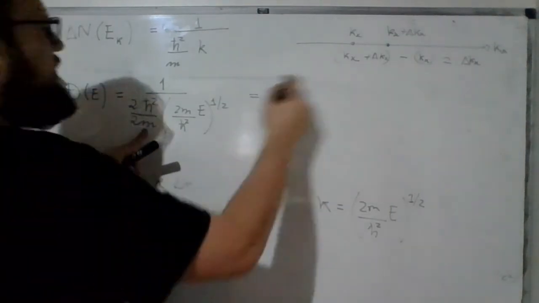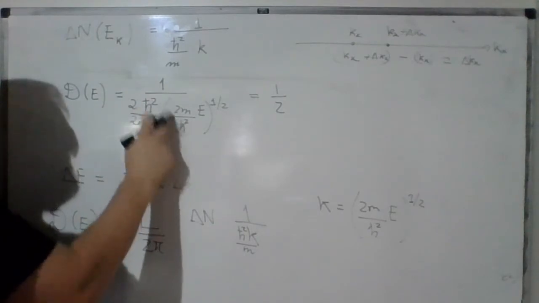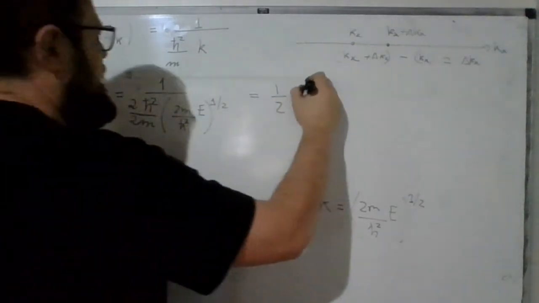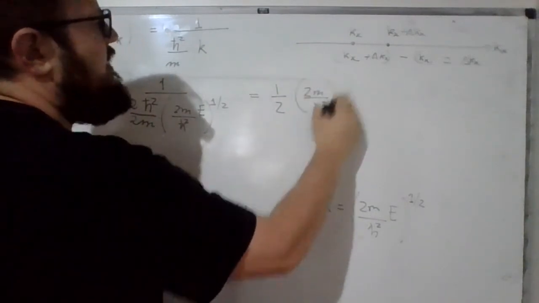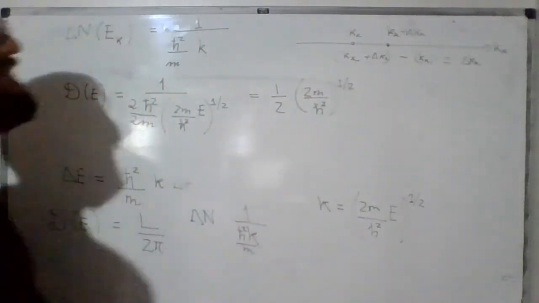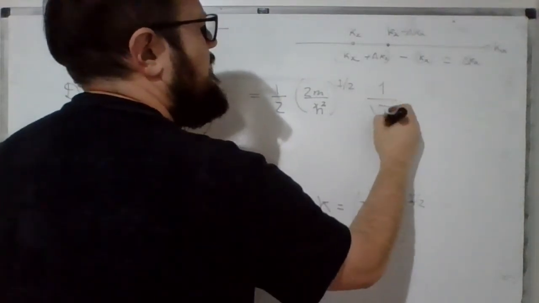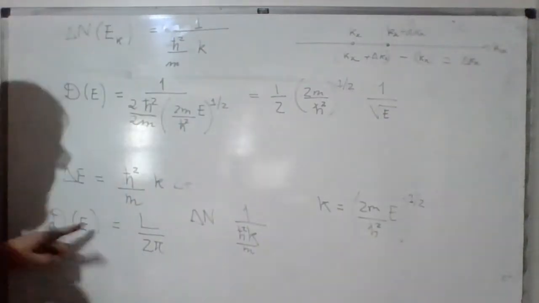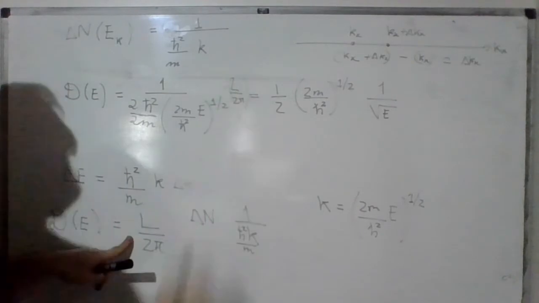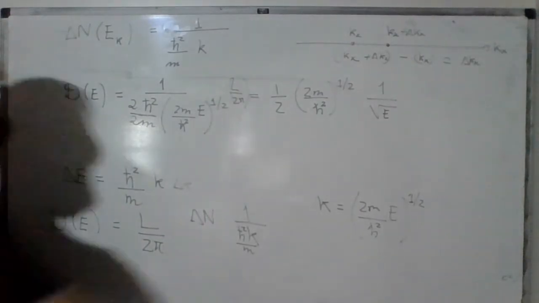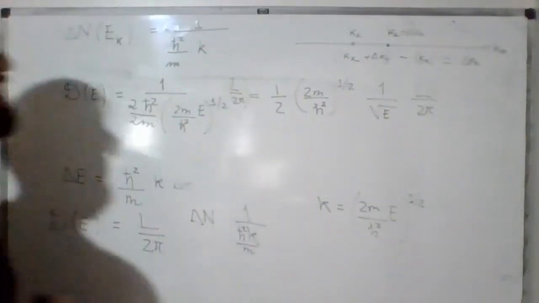I can rewrite it as 2m over h bar squared, but divided by the same factor to the 1/2. Will produce twice the mass divided by h bar squared to the 1/2, and we will have 1 over the square root of the energy. I cannot forget this factor here, the L over 2 pi, and therefore we have L over 2 pi here.